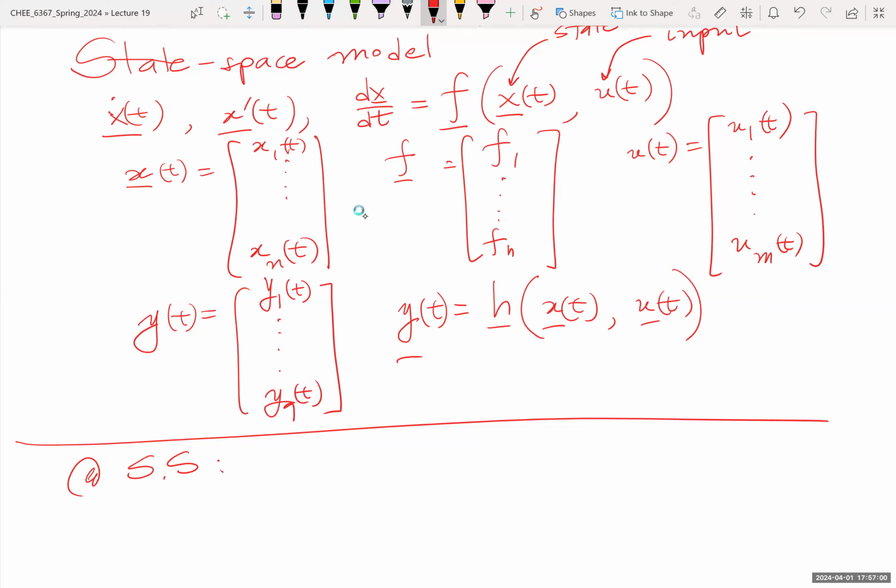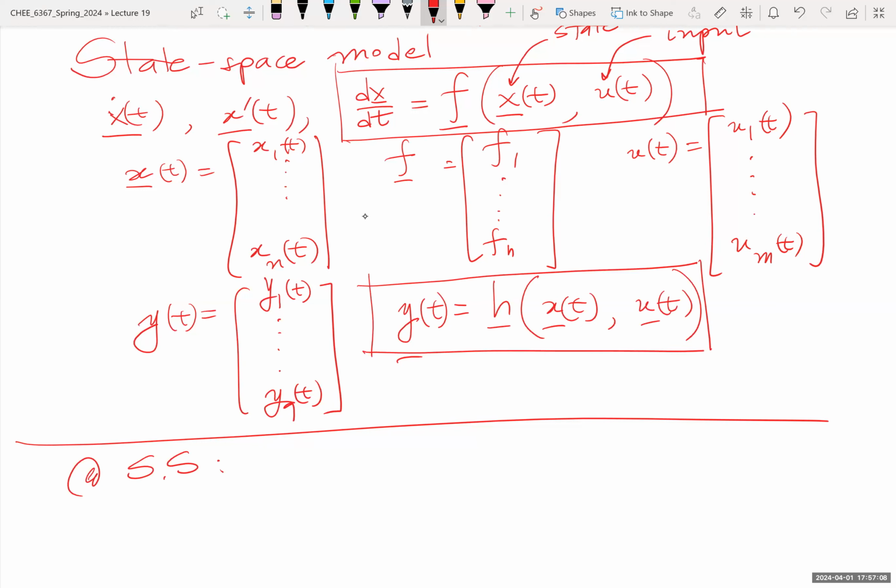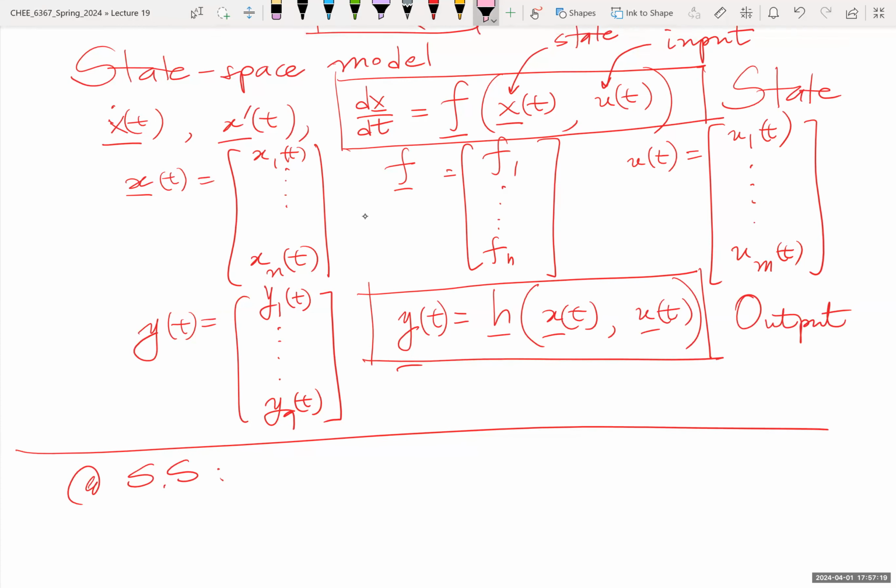So this is the state equation in vector form, and this is the output equation in vector form.